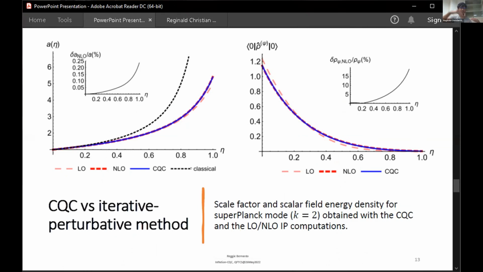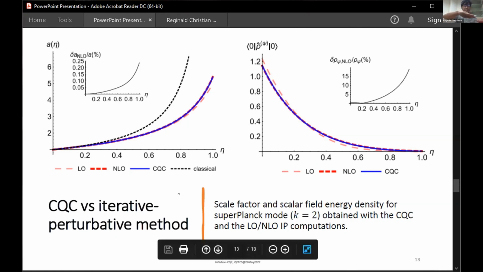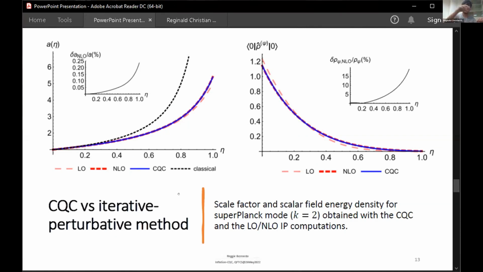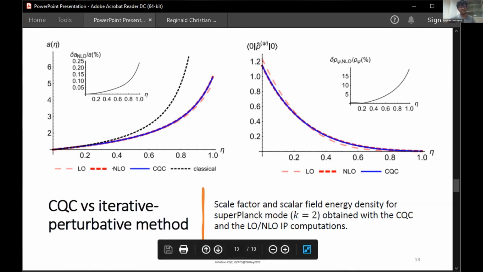These are the initial conditions that I have considered in all of those simulations, and this is for a super-Planckian mode. By leading order, it's a fixed background, and you draw the particles out of vacuum, then you calculate the stress energy tensor, then put it back into the Einstein equation. Then that's the LO, and for the next to leading order, you do that twice.